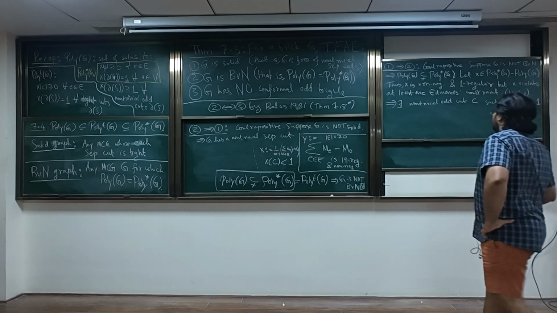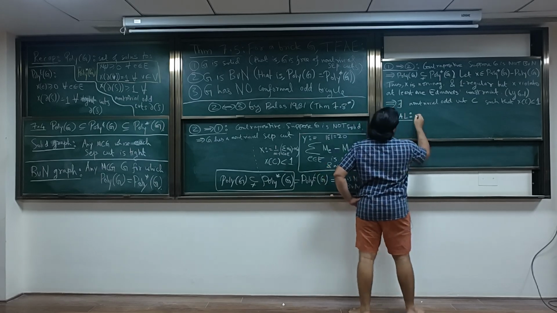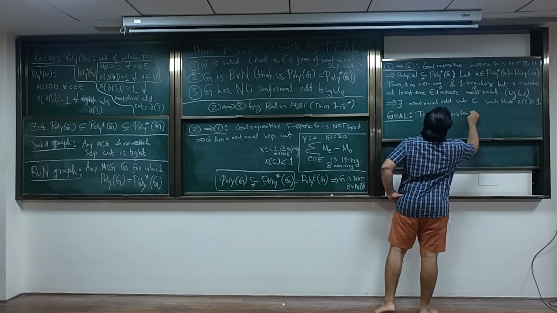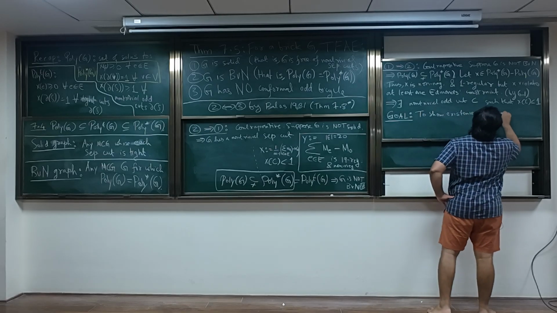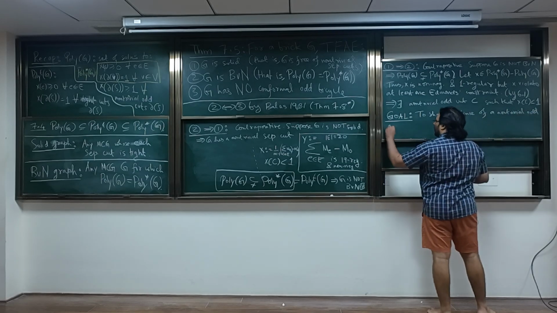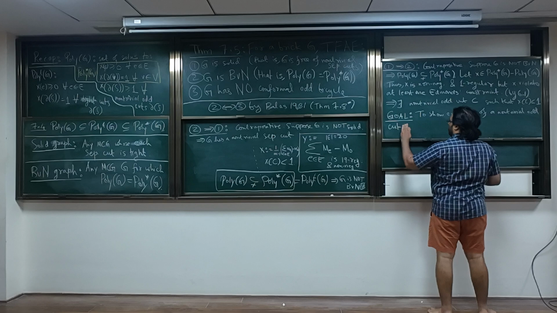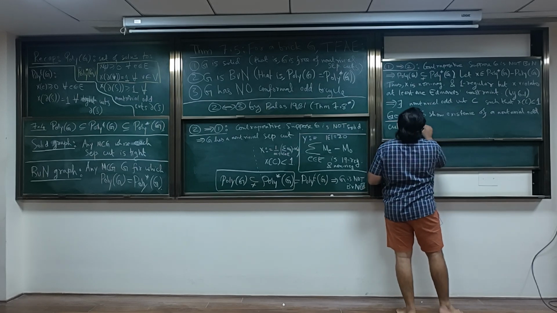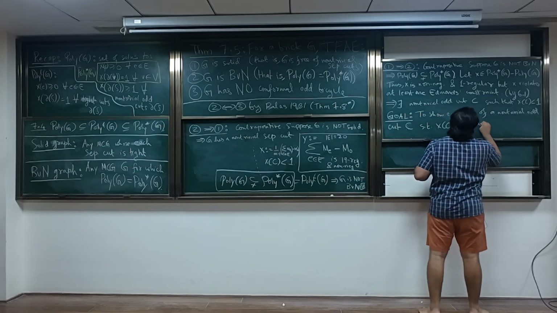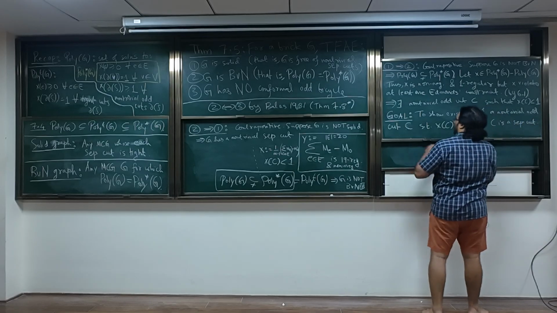So the goal is to show the existence of a non-trivial odd cut C such that x of C is less than 1 and at the same time C is a separating cut. This is what we will do.